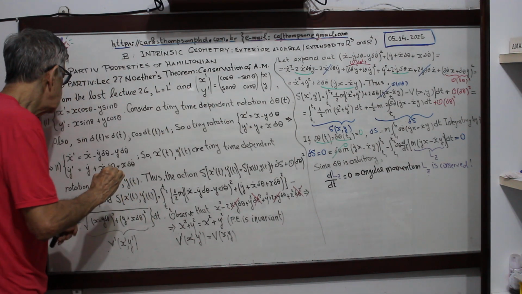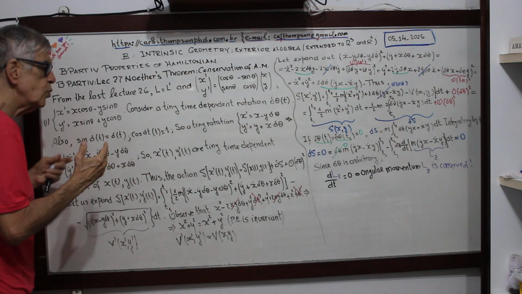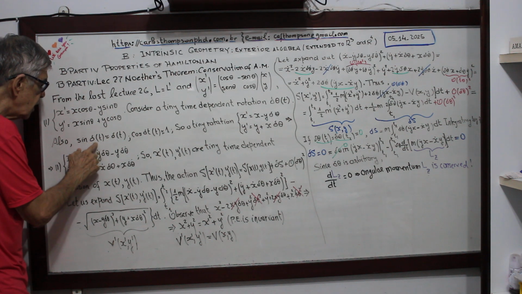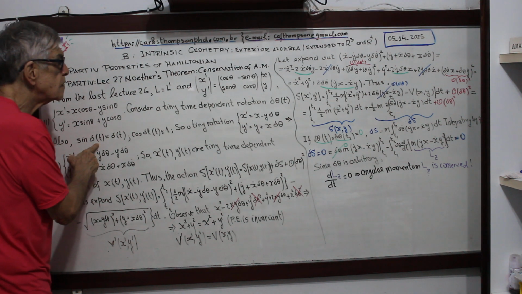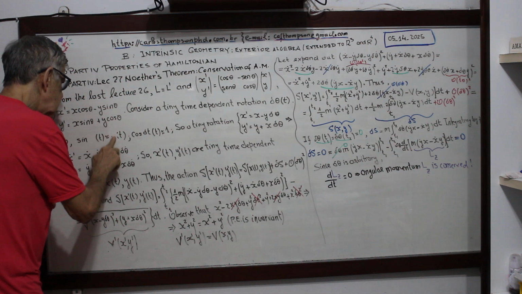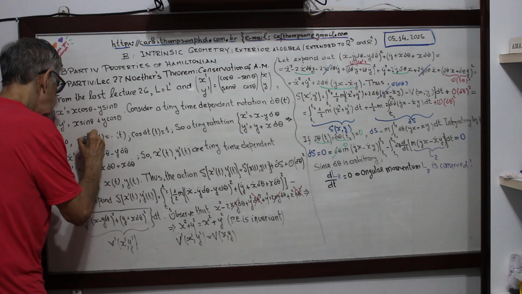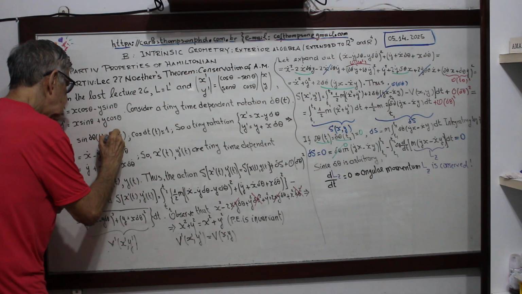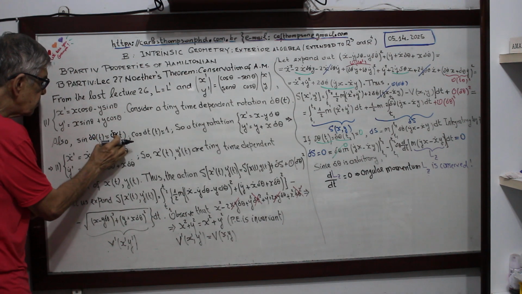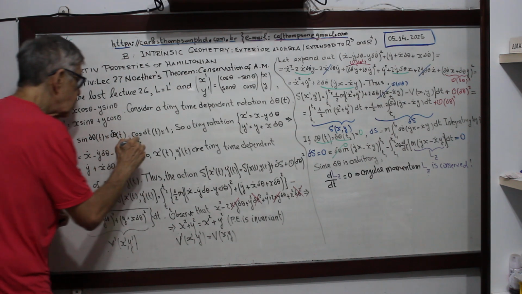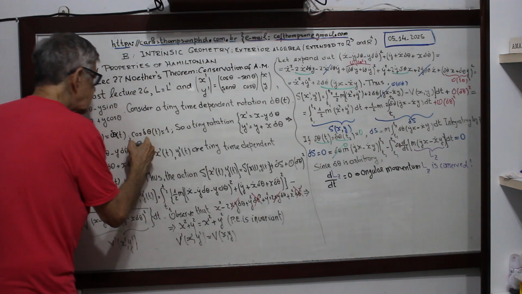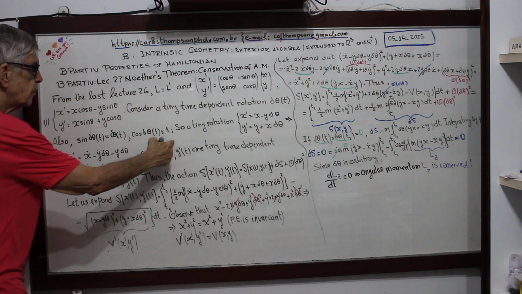So, in this case, we use the Taylor series, and this leads to the sine of this tiny angle, delta theta, being approximated to delta theta of t, and the cosine of delta theta of t being approximated to 1.